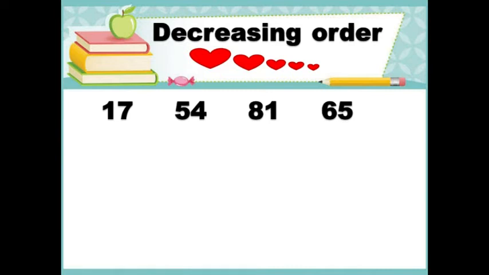These are all two-digit numbers, so it means the biggest place value in here is the tens. So as we look at the number in tens, we have 1, 5, 8, and 6. So they are not the same. So we can start to compare. So let's compare or arrange this in decreasing order.